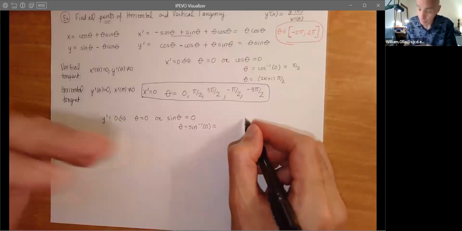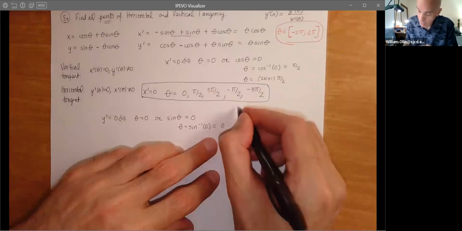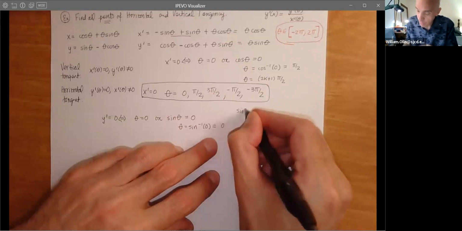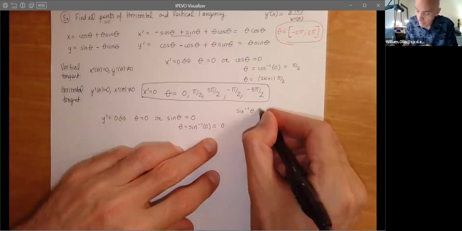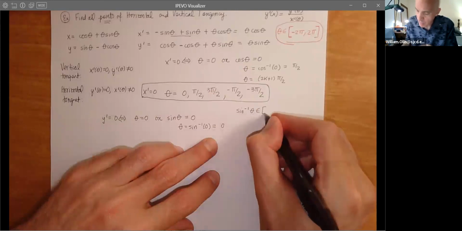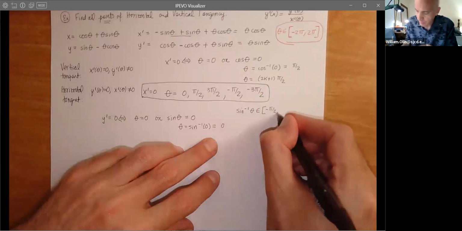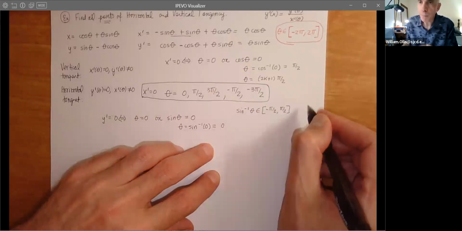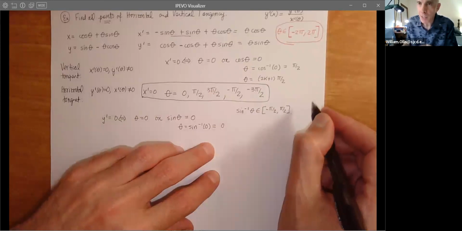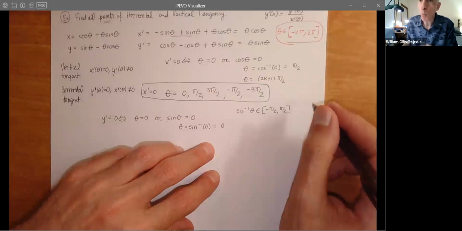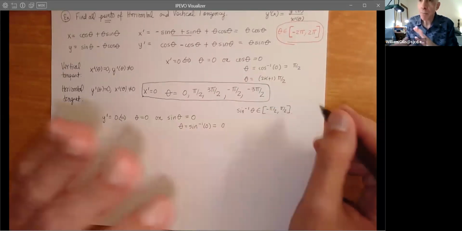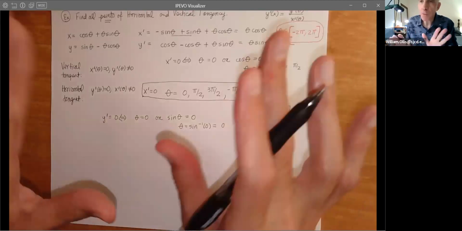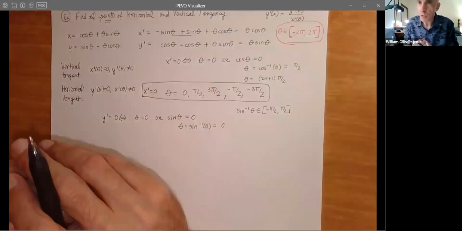Because again, the inverse sine function lives, I keep saying all of this, I mean, this is pre-cal, but if you ever struggle with the inverse trig functions, go to the Wikipedia page on inverse trig functions. It is wonderful. It is a masterpiece of everything you would like to know about inverse trig functions.